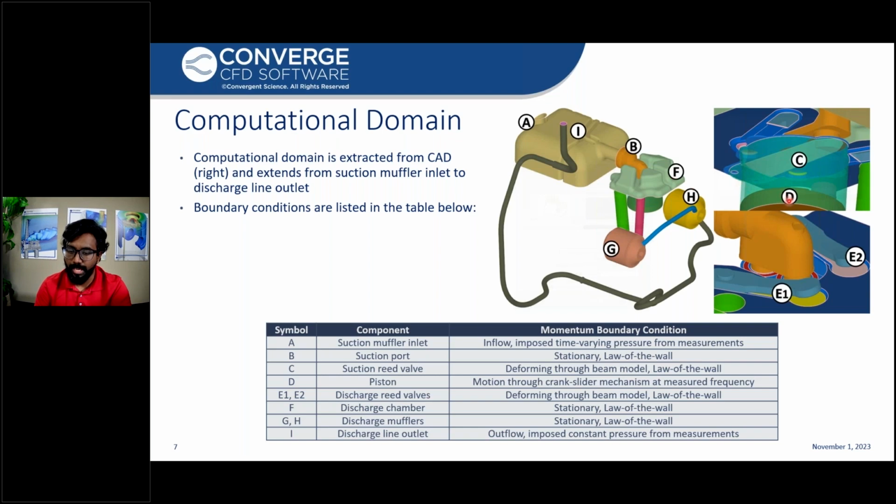The piston motion has been provided using the crank slider mechanism, which is marked here as D. Following that, it goes into the discharge chamber marked as F, which is again provided with the stationary law of wall boundary condition, followed by the discharge mufflers, G and H, which are again stationary law of wall, followed by the discharge pipeline into the outlet I, which is imposed as a constant pressure boundary condition.